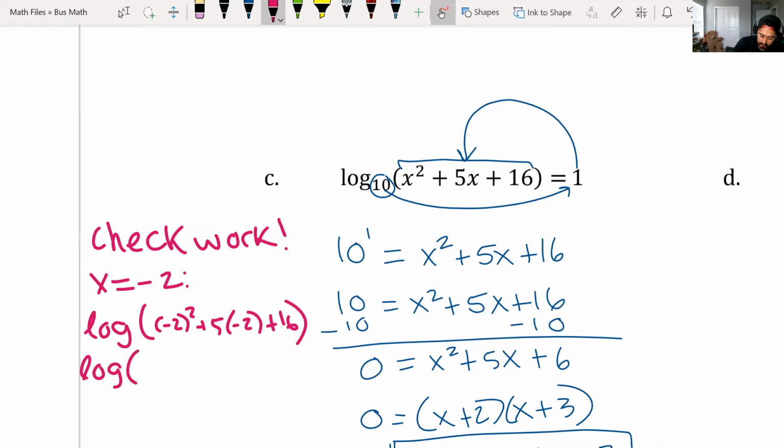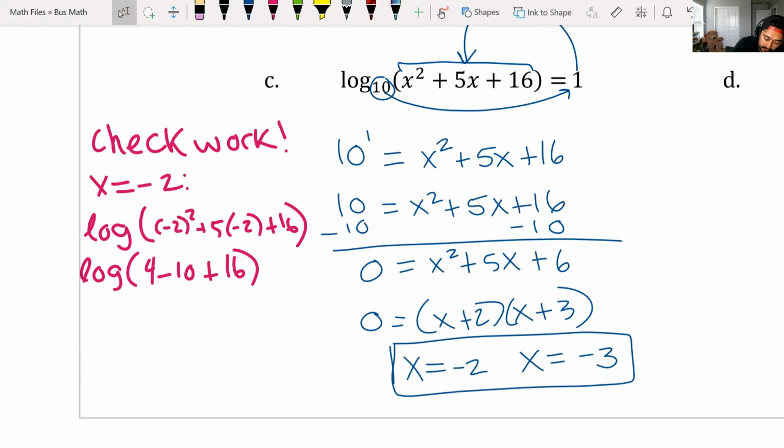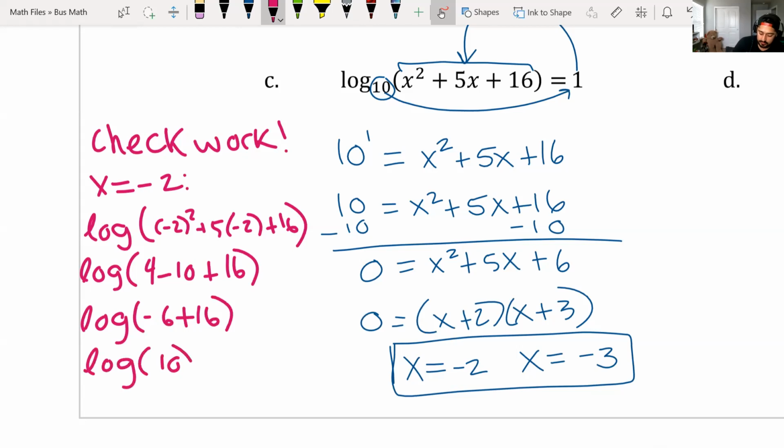That becomes the log of 4 minus 10 plus 16. This gives me the log of -6 plus 16, which gives me the log of 10, which is definitely equal to 1. So that checks out.